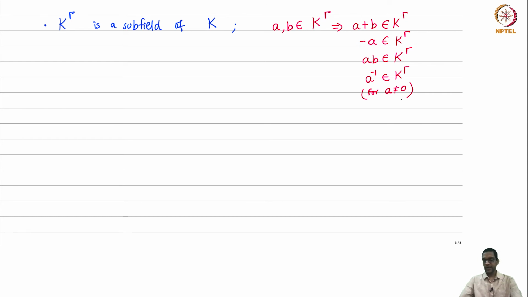Now I'll just check a couple of these properties. They're all very easy. So how do you check this, for instance? To check that a plus b is in K^Gamma, you need to check whether every element of Gamma fixes the element a plus b. So you apply sigma to a plus b.